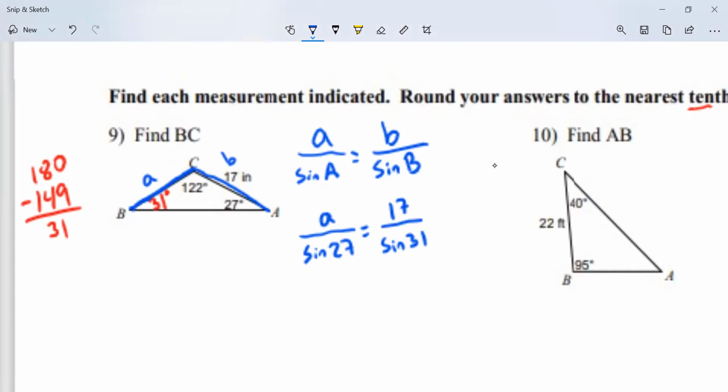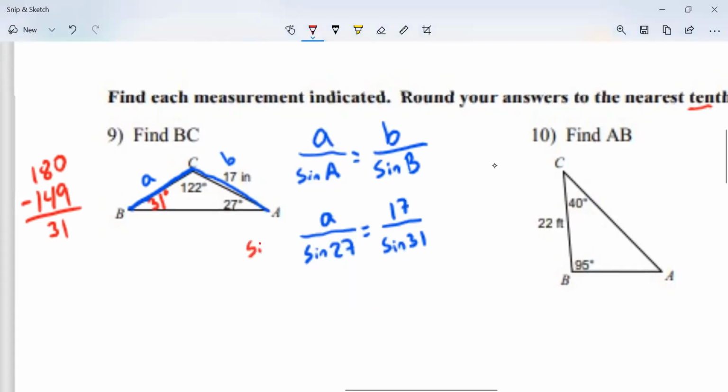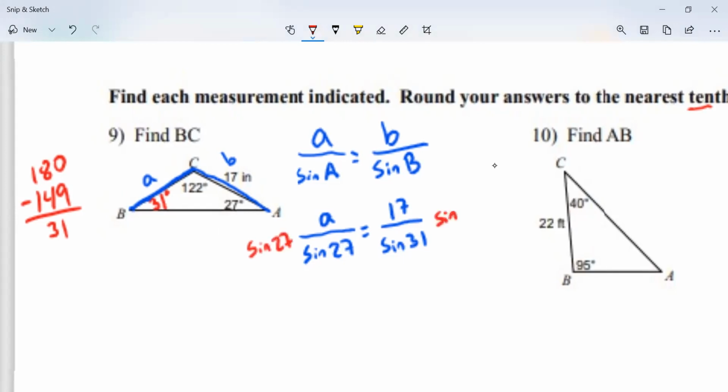I know in a fraction to get rid of the denominator, I'm looking at my fraction on the left, to get rid of the denominator, I just multiply both sides by the denominator. So let me multiply the left side and the right side. Let me multiply each by sine of 27. So this cancels out. Matter of fact, this is a fraction.